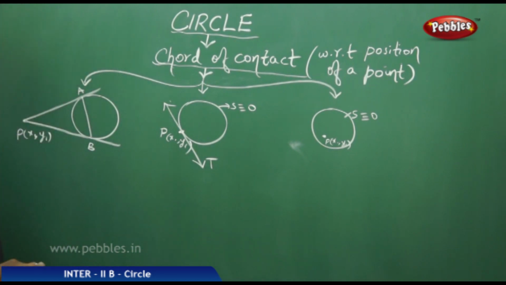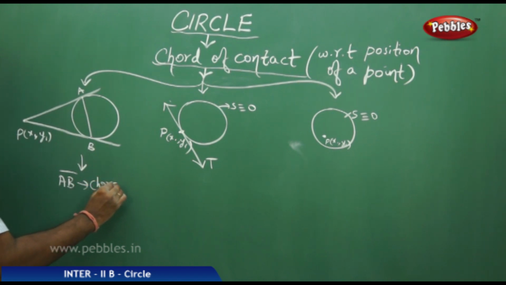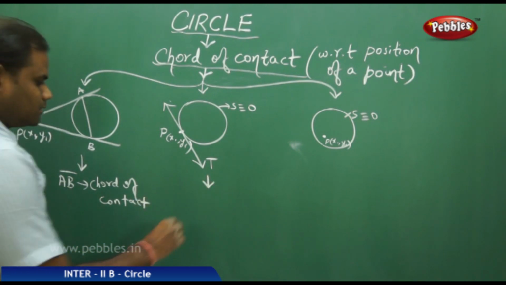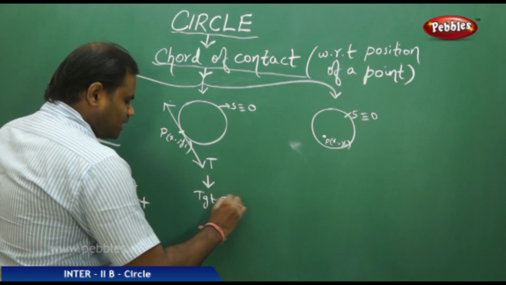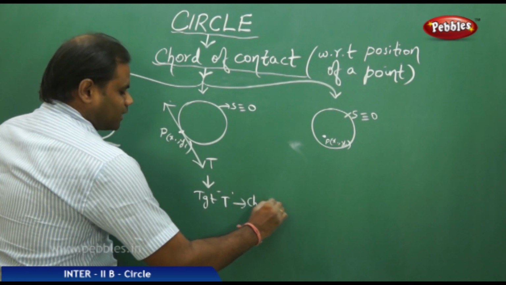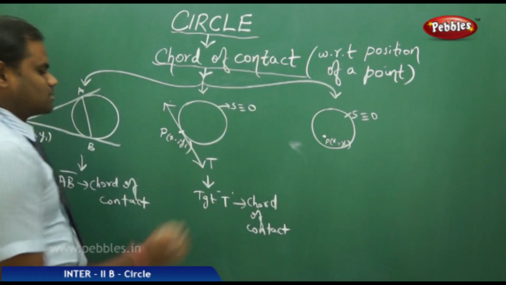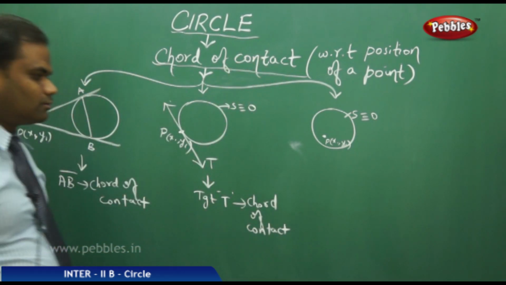So these three cases give me the consideration that for an external point, AB is the chord of contact, and for the point which lies on the circle, tangent T itself is the chord of contact, because this itself acts as the chord of contact.